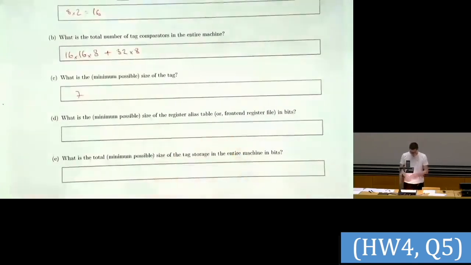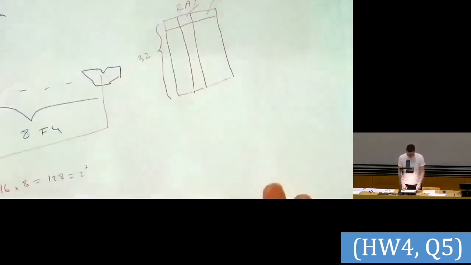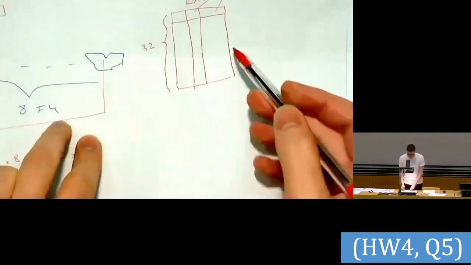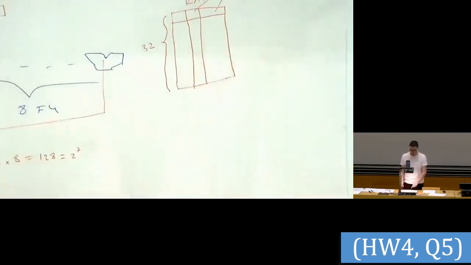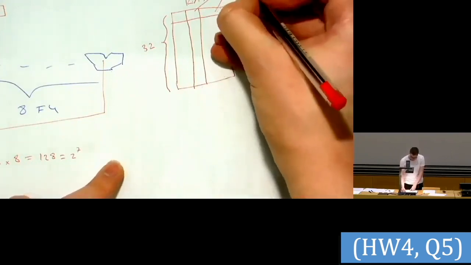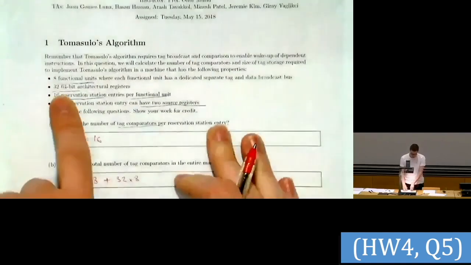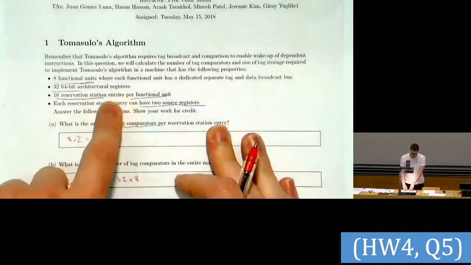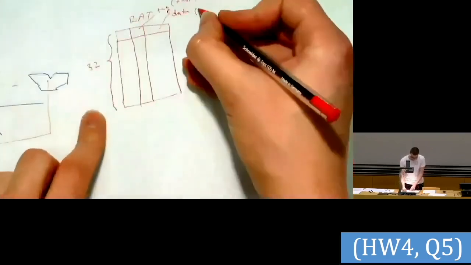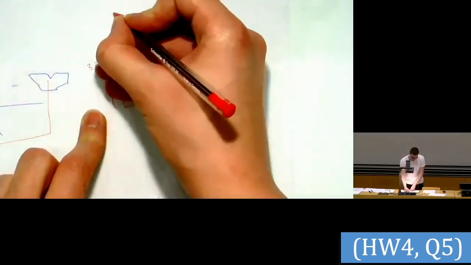And then what is the size of the register alias table in bits? It should look something similar to this thing that I drew. We know the tag should be at least 7 bits, and then the data is given in the question. The architectural registers are 64 bits wide, so per entry we will need 64 bits. And then we should have at least some valid bits.